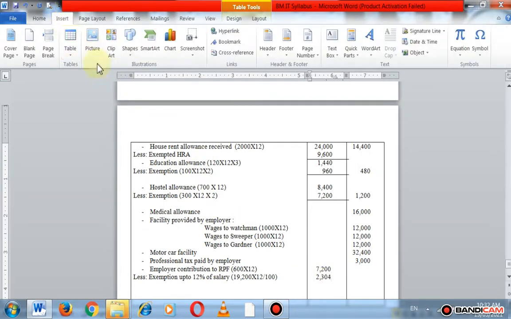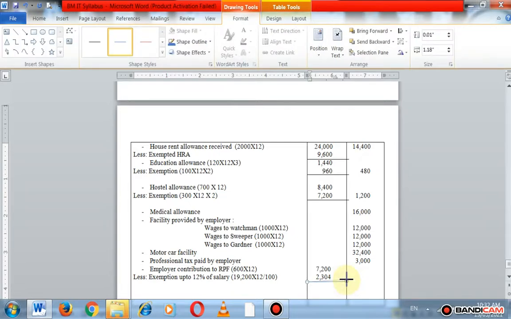And the taxable amount is 7,200 minus 2,304.